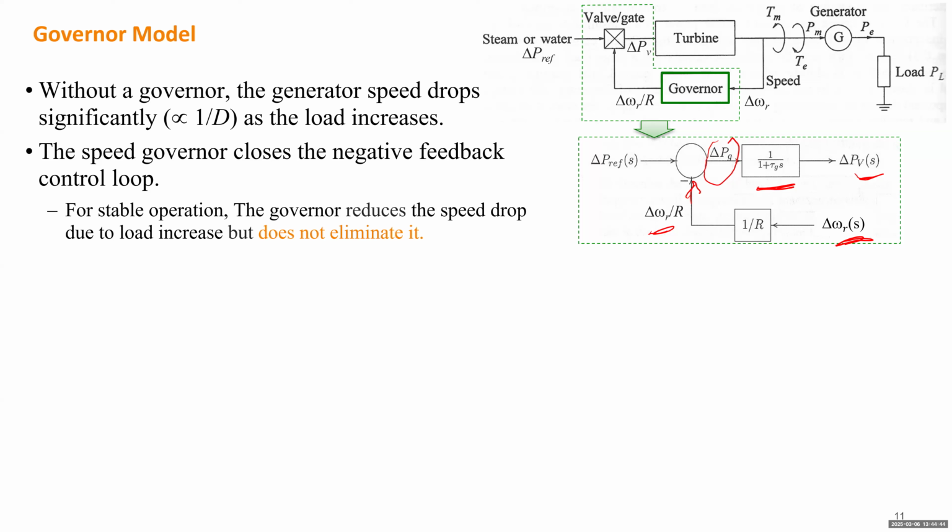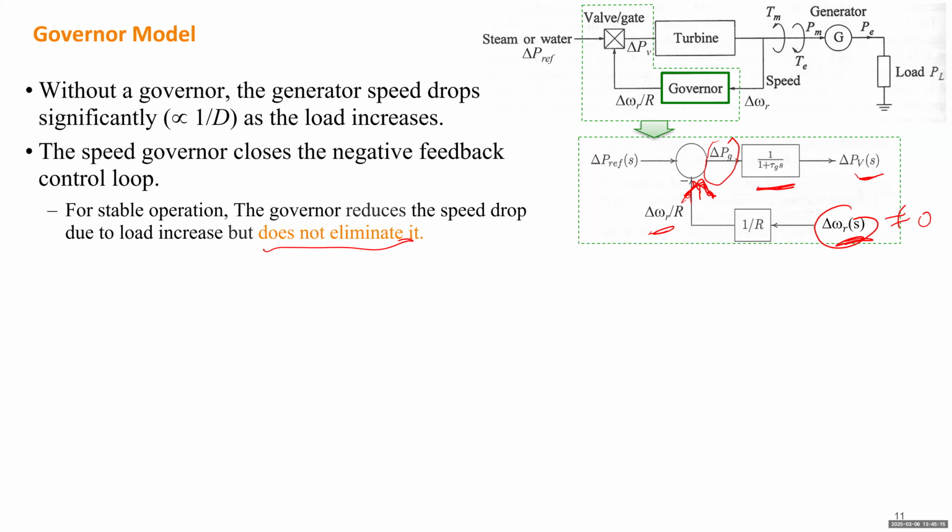The key idea of this speed governor control system is basically just a proportional control. It cannot eliminate the speed deviation. It can only reduce the speed deviation. So it does not eliminate the speed deviation due to the load increase, because in order to have a non-zero control signal, the speed deviation cannot be 0.